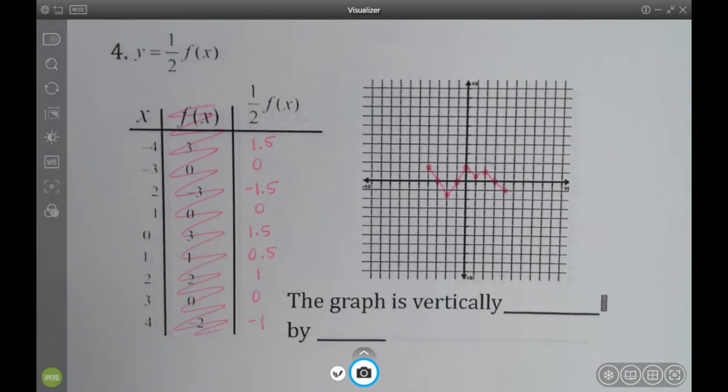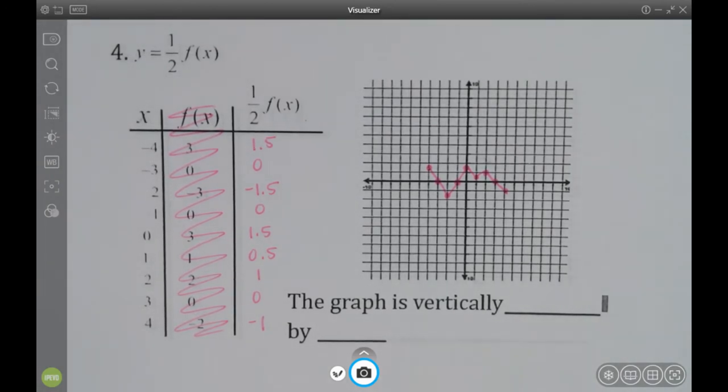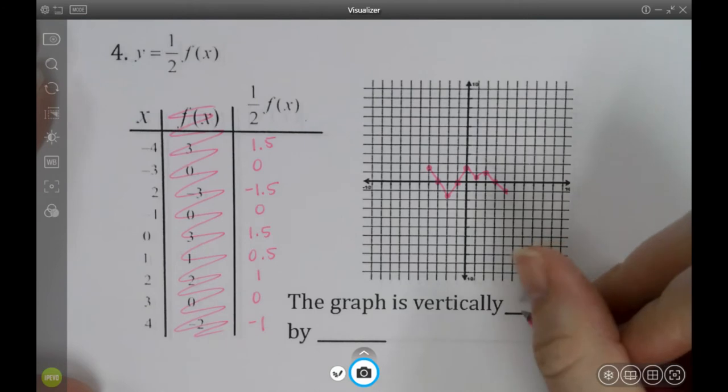Okay, it's like we took our original one and we kind of smashed it, right, from top to bottom. Instead of using the word smashed, because that's not really mathematically correct, we're going to use the word compressed.